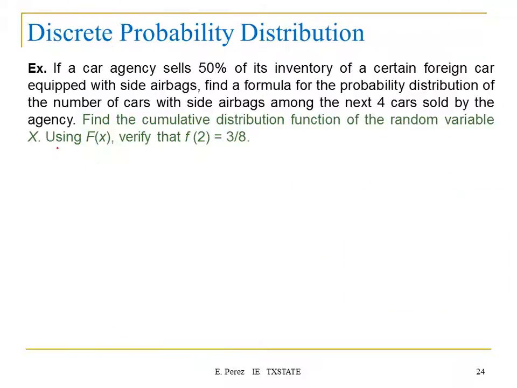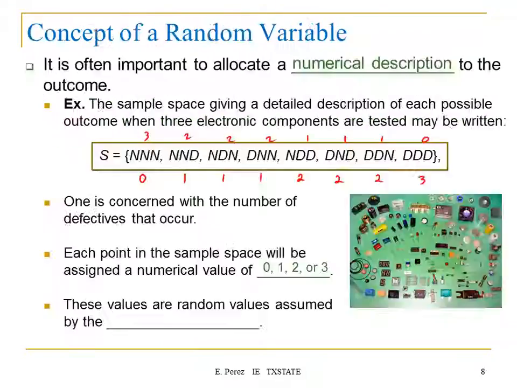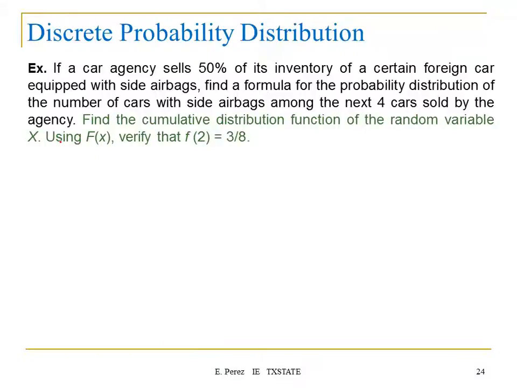Here we find the cumulative distribution function of the random variable x using f of x and verify that F of 2 is equal to 11 over 16. So again, we need to go back to our probability function. So f of x will be equal to 1 over 16 times C(4,x).